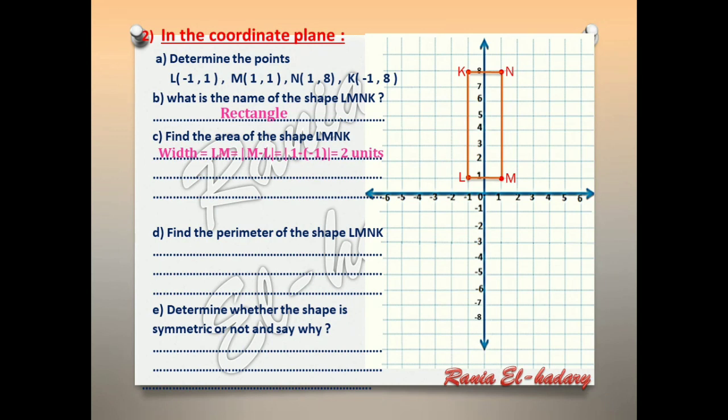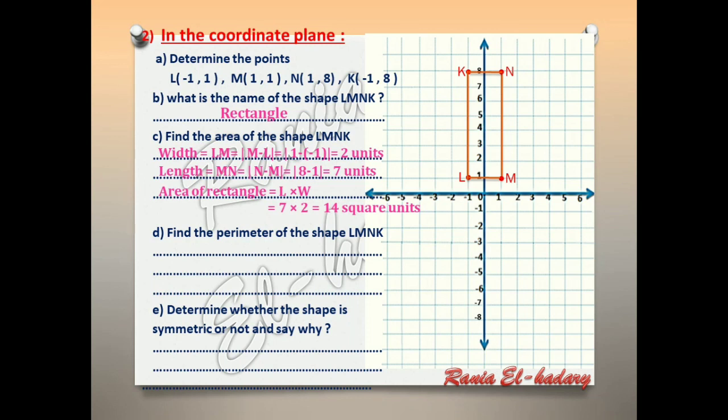The length is MN, which equals 7 units. Count from M to N: 1, 2, 3, 4, 5, 6, 7. I have 7 units in MN. I have length equal to 7 and width equal to 2. What is the area? Length times width, so 7 times 2 equals 14 square units.